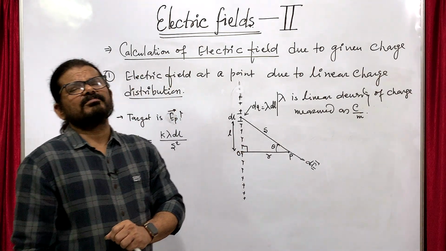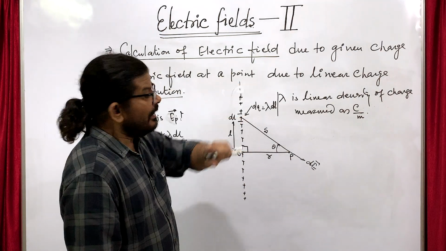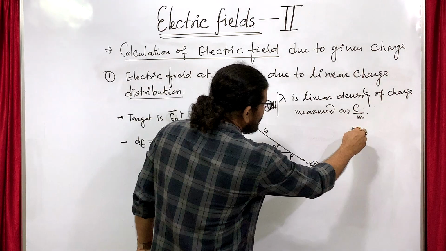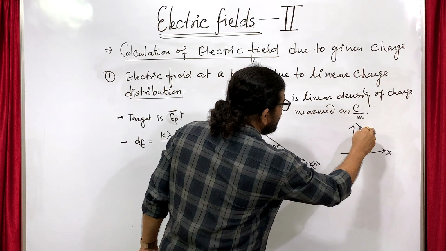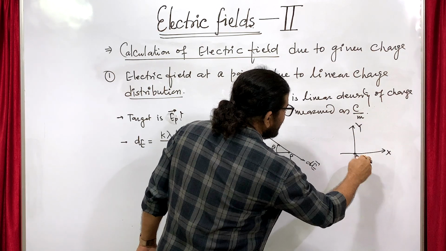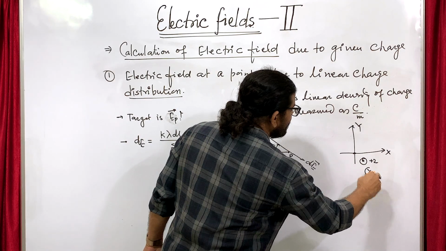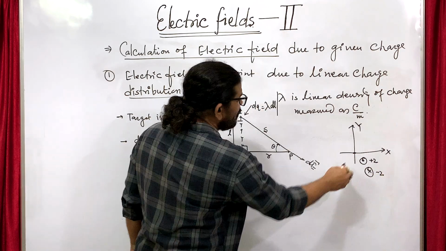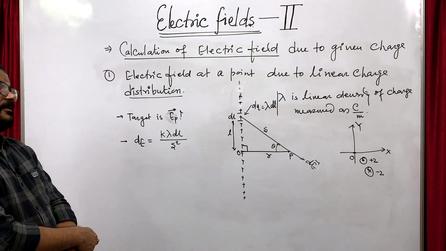No, we cannot integrate this because it is a vector. So here what we will do, suppose we are dealing with the problem in this frame, so this will be plus z and this will be minus z. Suppose we are dealing with the situation in this frame of reference.